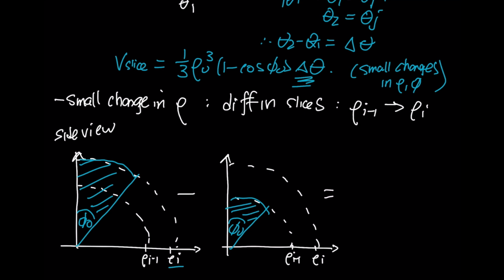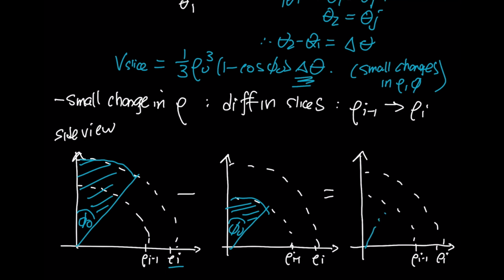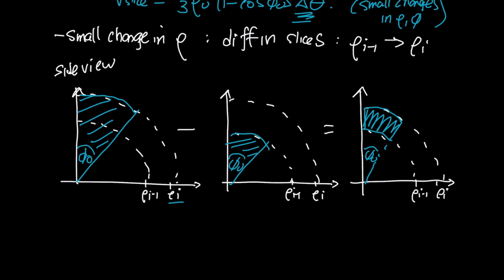If we subtract the two of these, what we will end up with is a region that looks something like this. Rho i minus 1, rho i, something at this angle here. We'll get this region in there.